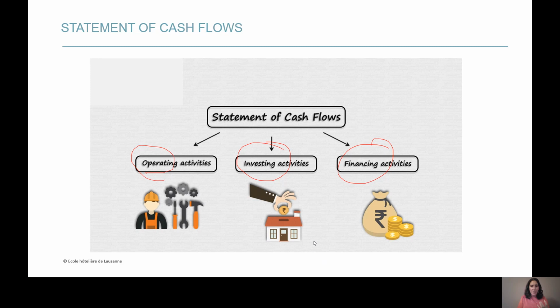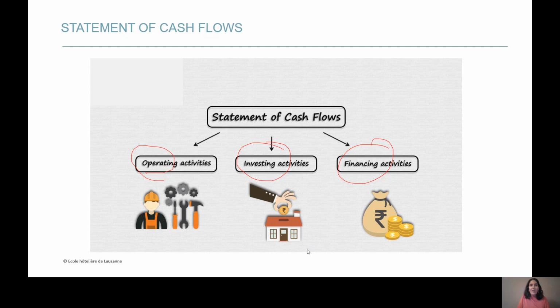So if I am a baker, everything related to my main job, which is to prepare pastries, to bake bread, to deliver my bread to the supermarket, to fill in the gas in my delivery van.